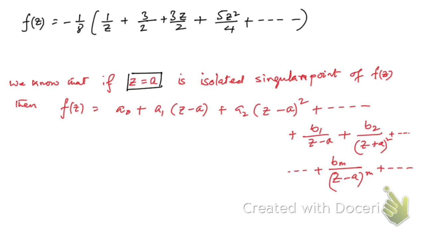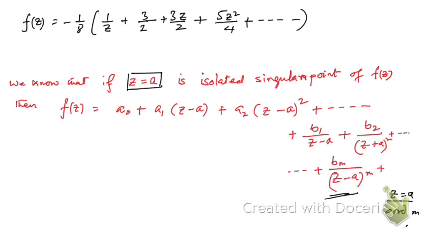Now here you see, if the next term, b(m+1) by (z minus a) whole to the power m plus 1, if that term is equal to 0, in that case we call z is equal to a a pole of order m, right? Pole of order m.